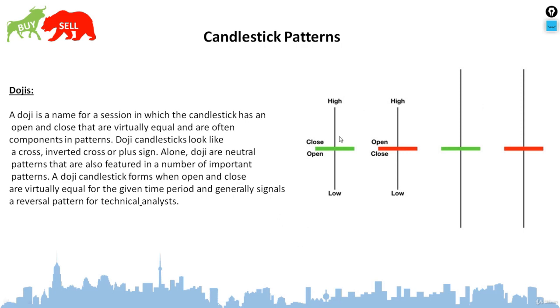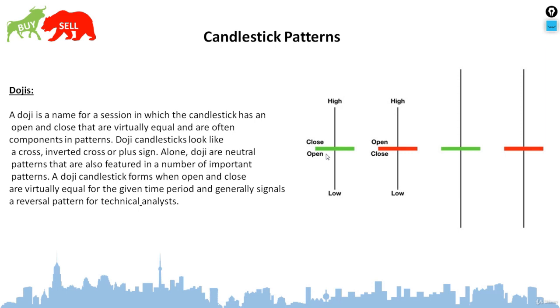This is how the doji looks. So the market opens here and the price rises up until here, the high, and falls down and closes here to mark a very small body. The open price and the close price don't have to be exactly the same to qualify this candlestick as a doji.